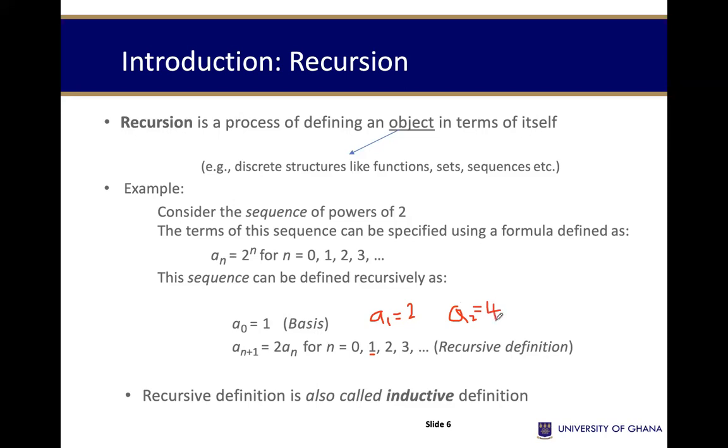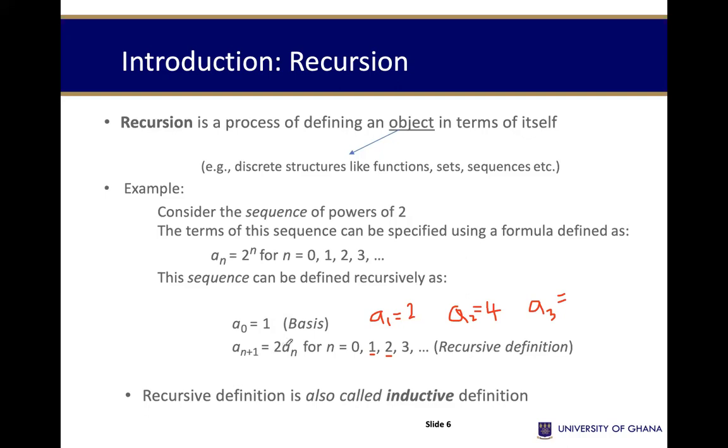Are you with me? Then I can now move on to when n is equal to 2. If n is equal to 2, I get A of 2 plus 1, which will give me A of 3. Now, when I'm at A of 3, I can go to the right-hand side, and that's going to give me 2 times A of 2, because n is 2.